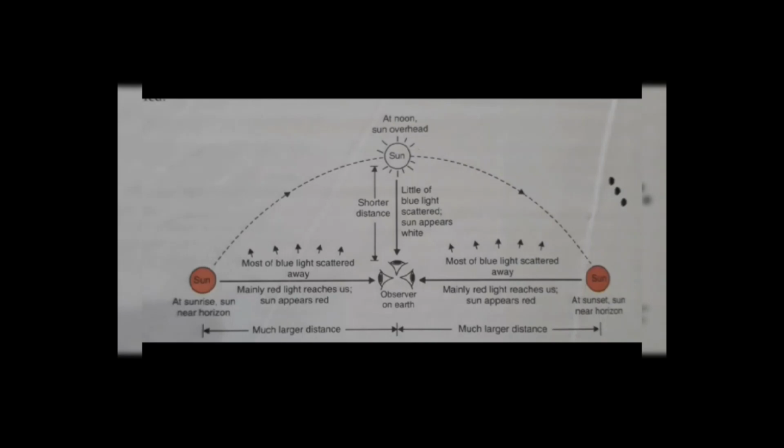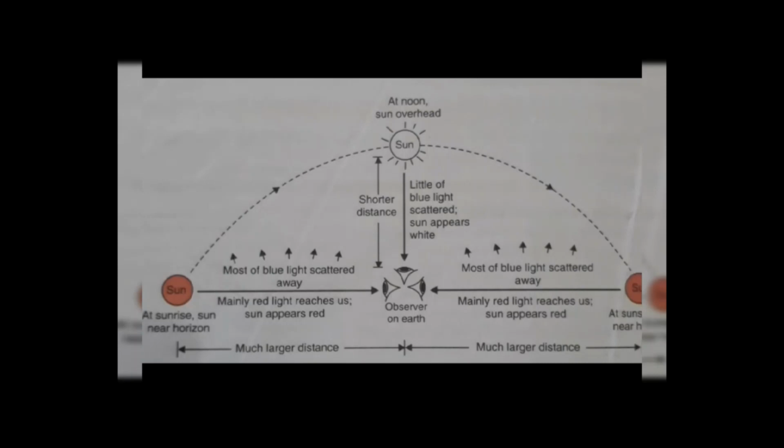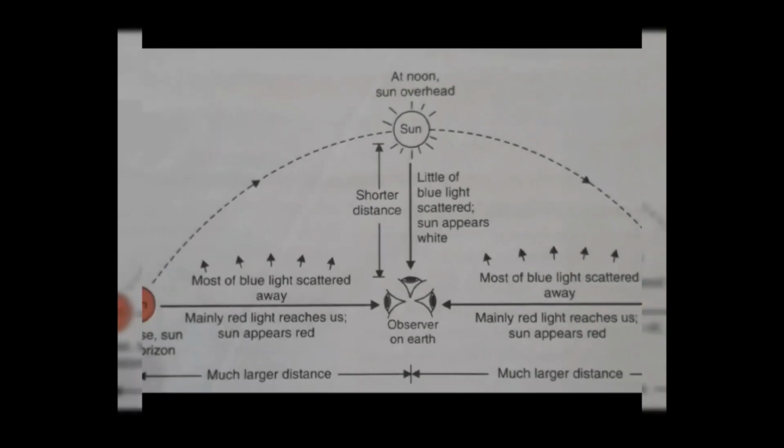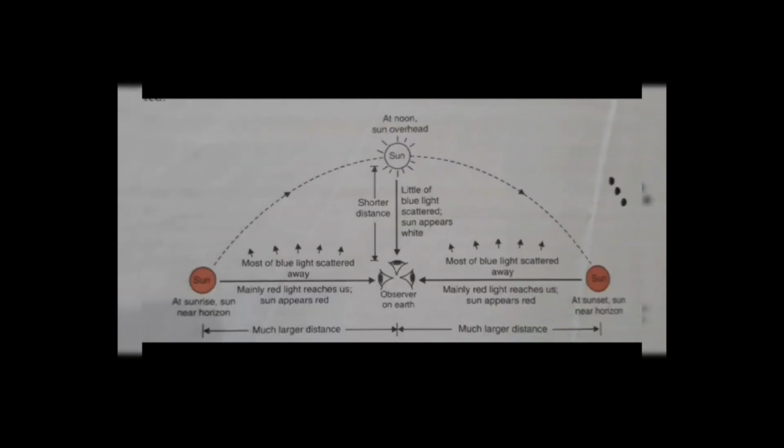During sunrise and sunset, when the sun is near the horizon, the sunlight has to travel a greater distance through the atmosphere to reach us. During this long journey, most of the shorter wavelengths, like blue color, are scattered out and away from our line of sight. So the light which reaches us directly from the rising or setting sun consists mainly of longer wavelength red color, due to which the sun appears red.